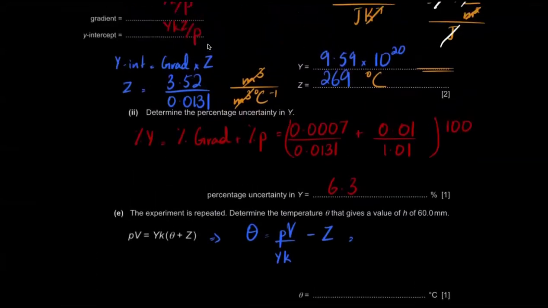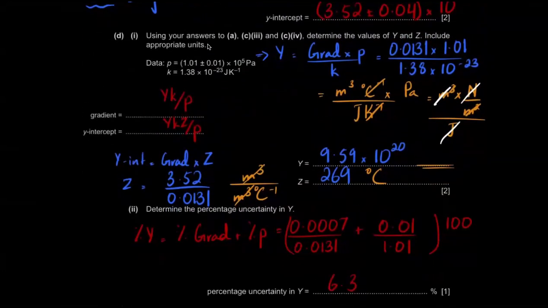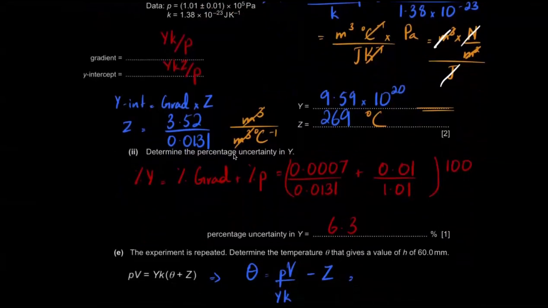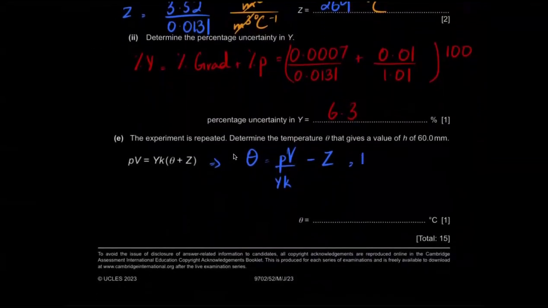So PV, P was given as this value here, right? So 1.01 into 10 to the 5. Let's actually do this here because I know it's going to get messy. 1.01 into 10 to the 5. What was V?